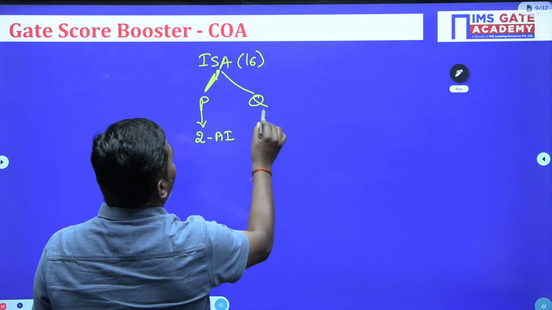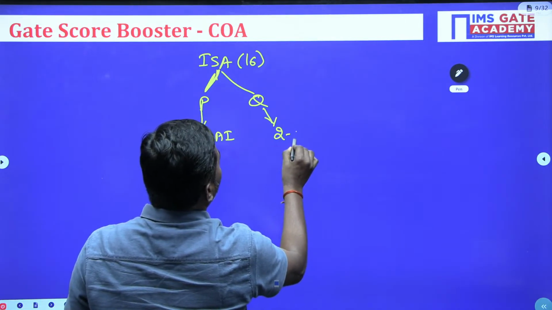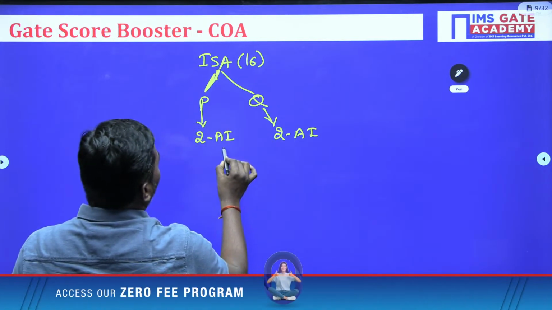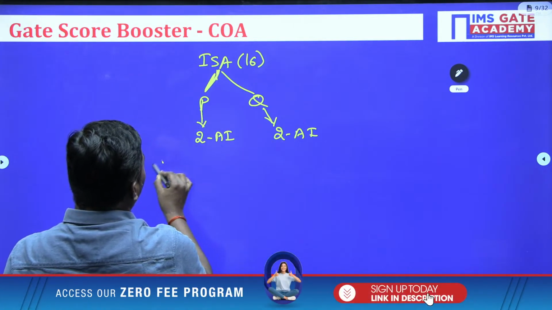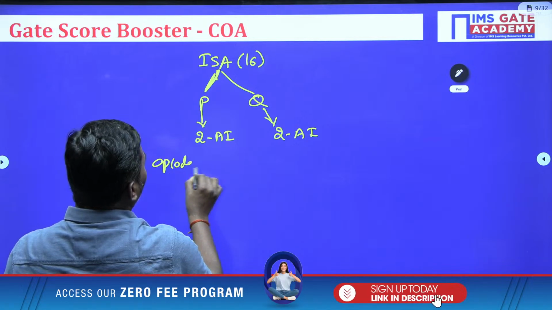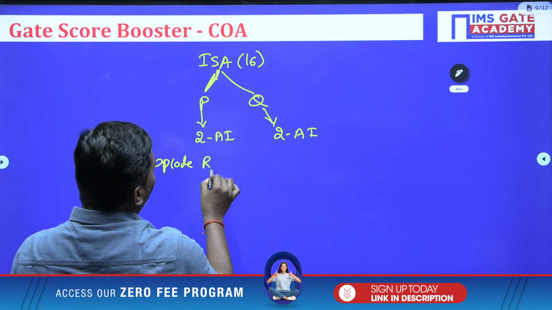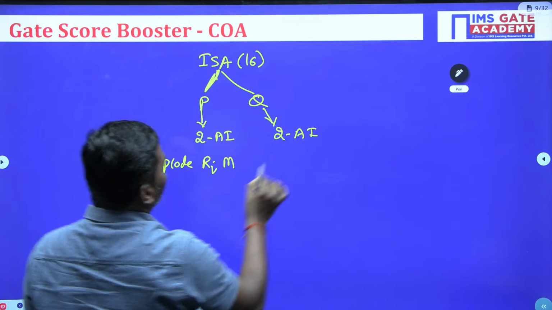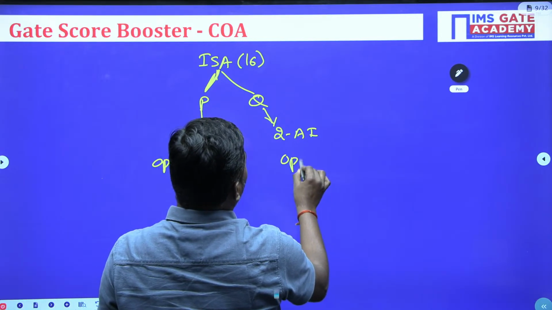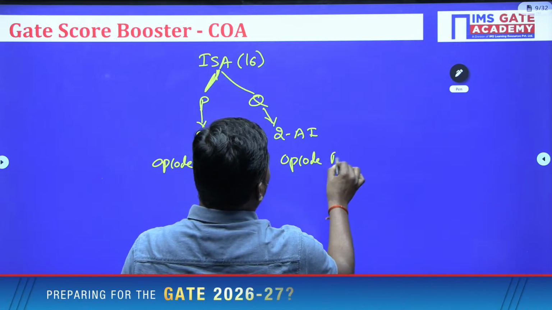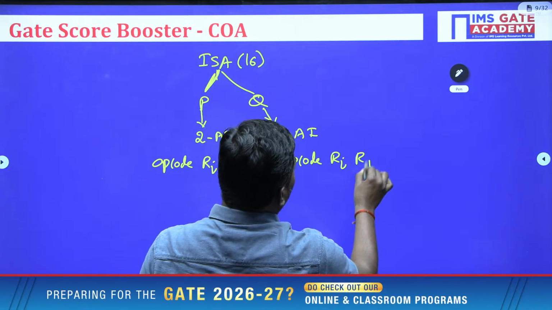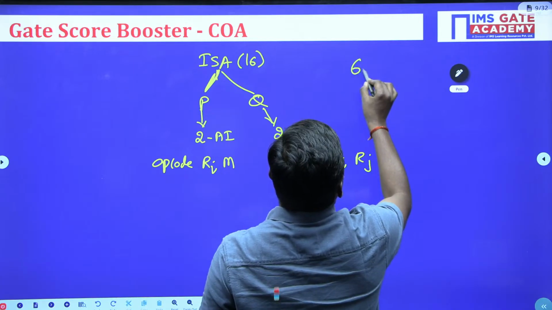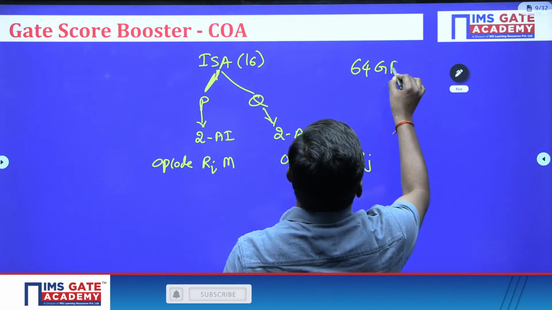For these 2 addresses, the opcode field will be there, maybe followed by a register field, followed by a memory field. Here also the opcode field and 2 register fields can be there like this. Assume that there are 64 general purpose registers.